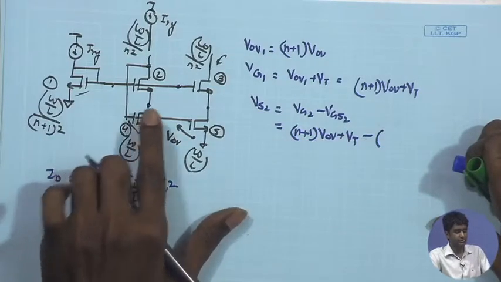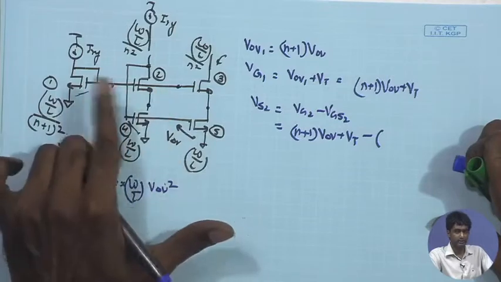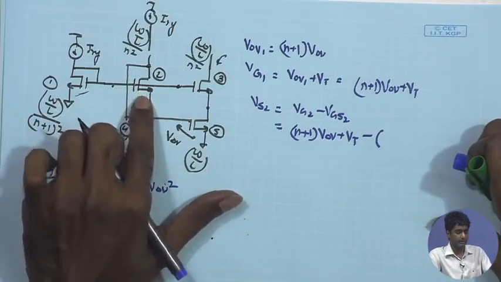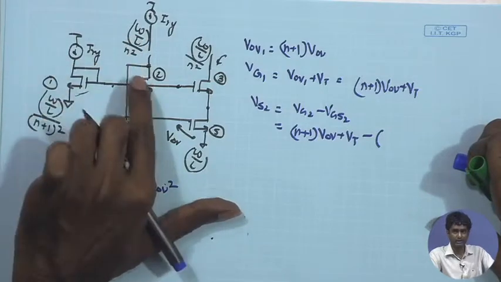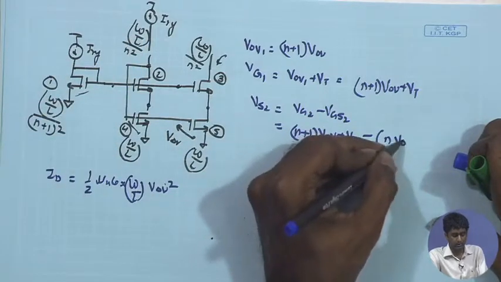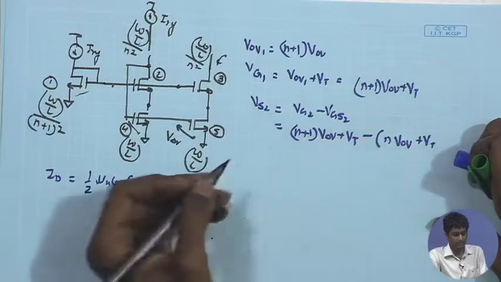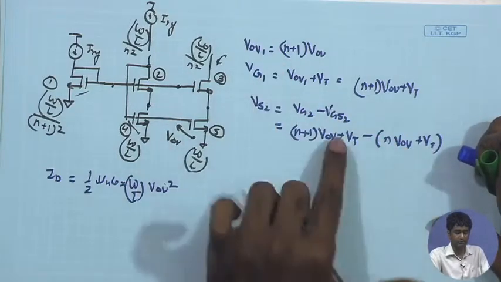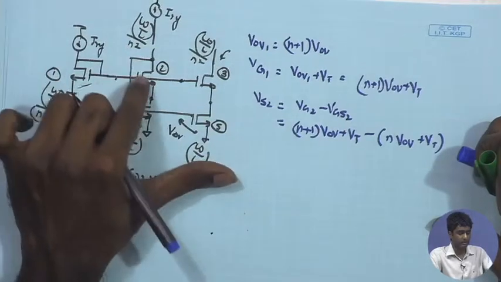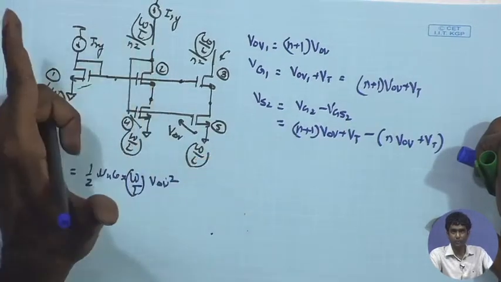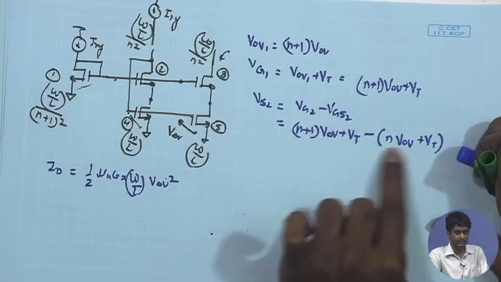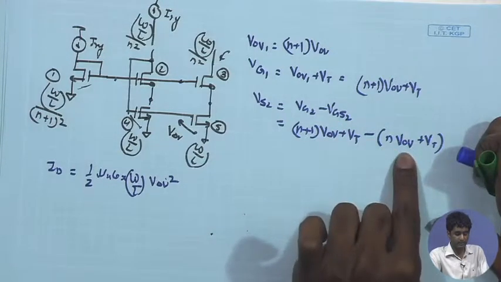What is Vgs2? Vgs2, once again, I can write down as V overdrive 2 plus Vt. What is V overdrive 2? Vgs is V overdrive plus Vt for a MOSFET, and M2 is having a W by L ratio which is 1 upon n square, and as a result I can write the Vgs2 as n times V overdrive plus Vt.